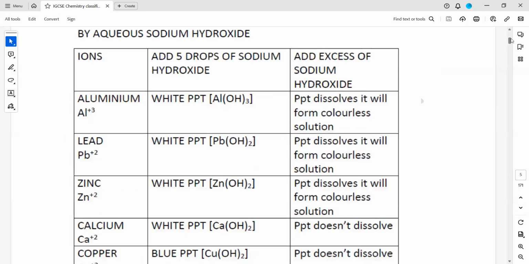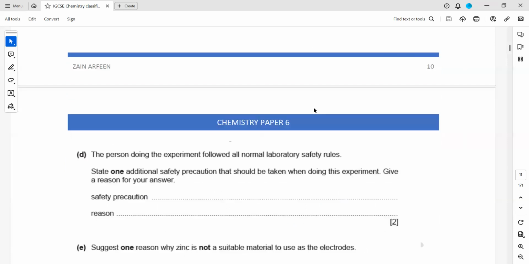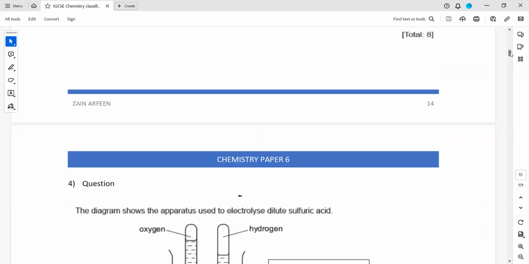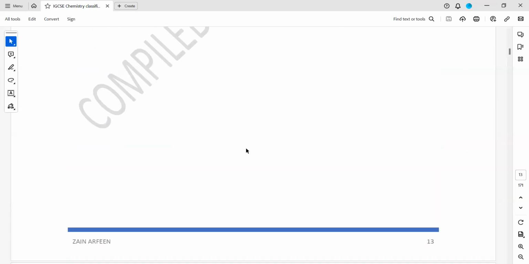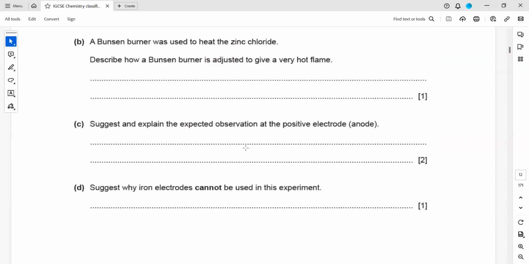So that was the question itself: a Bunsen burner was used to heat zinc chloride. How is a Bunsen burner adjusted to give a very hot flame?